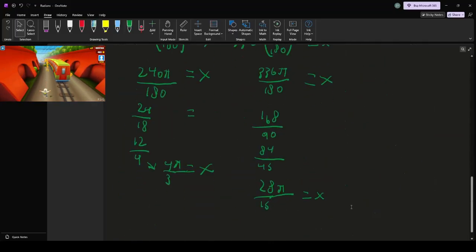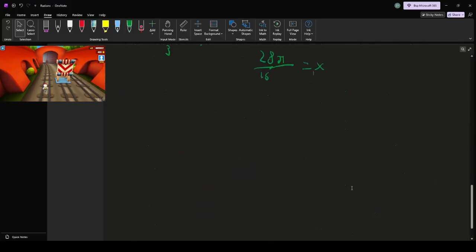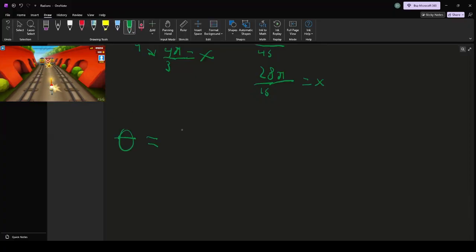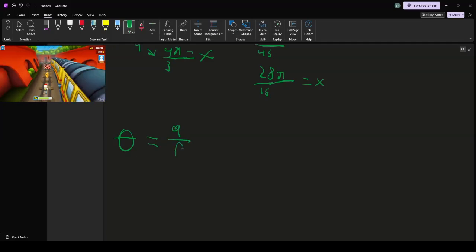Okay, how about we summarize right here? The main things you gotta know: theta, the angle in radians, equals arc length over radius.